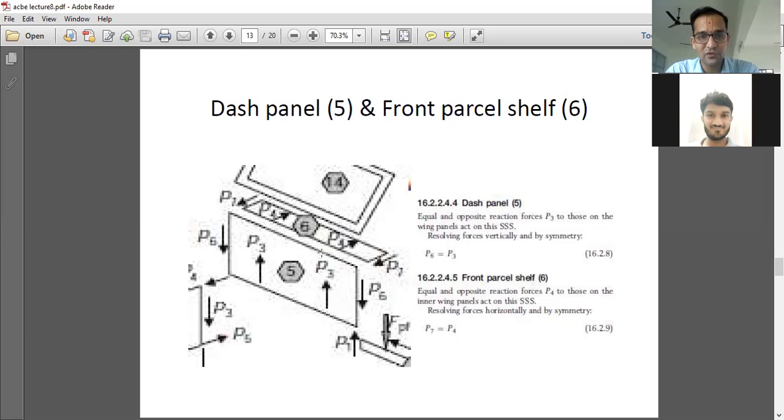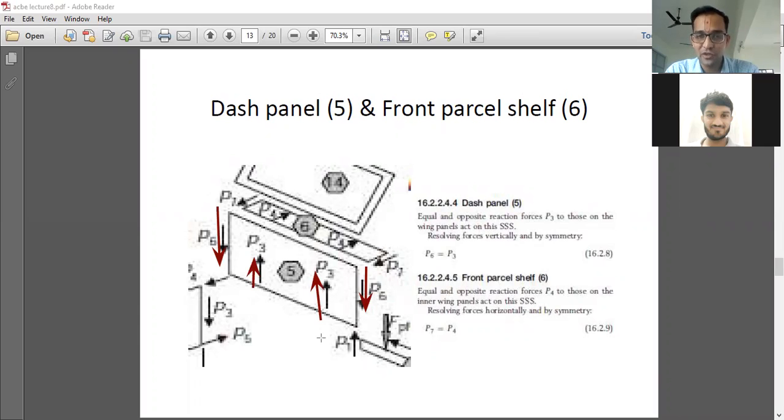As we go to the fifth component, we can clearly see P6 is in the downward direction, and we are getting reactions in terms of P3 in the upward direction. So P6 and P3 should be equal. We are maintaining it to balance the whole loading condition. So how should the joints between 4 and 5 be designed?